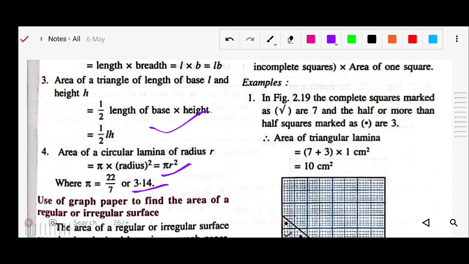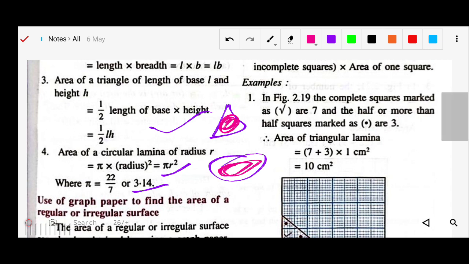So area means the region enclosed by a particular figure, depending on the kind of shape and how much region that shape covers.